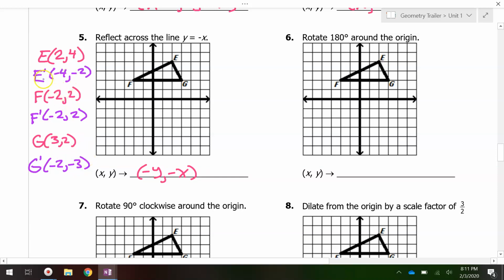All right, so negative 4 and negative 2 is going to be right here. So that's going to be E prime. Negative 2, positive 2 is going to be right here. So that'll be F prime. And then negative 2, negative 3 is going to be right here.